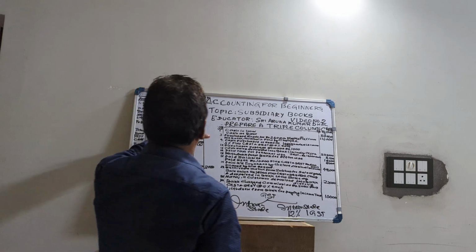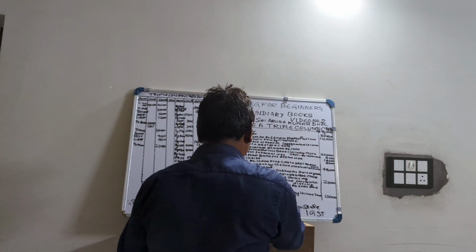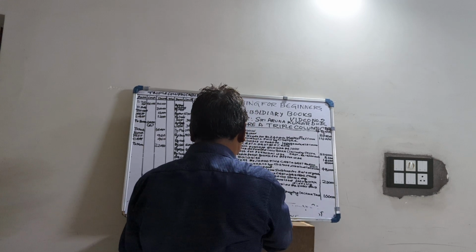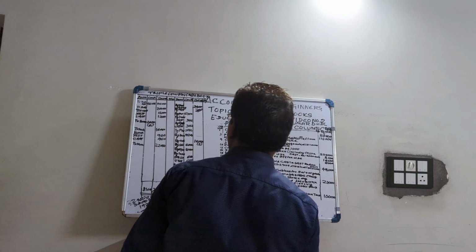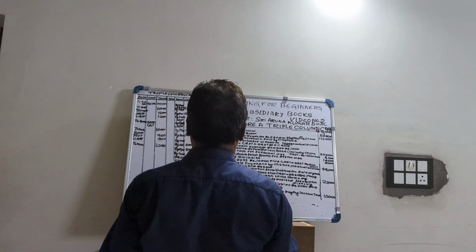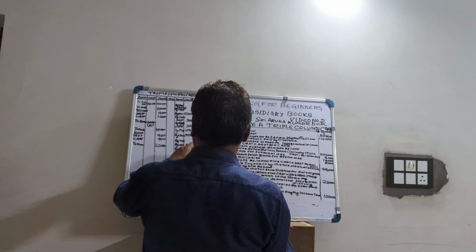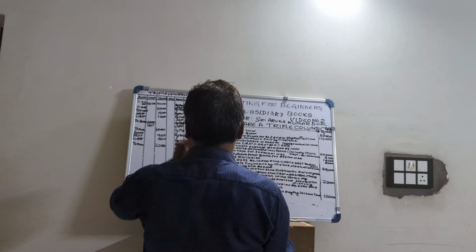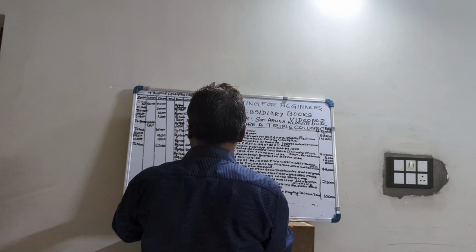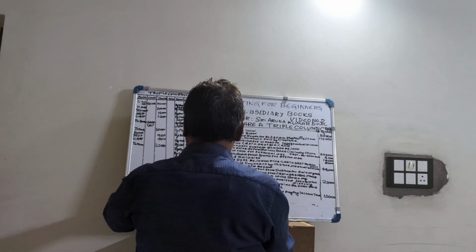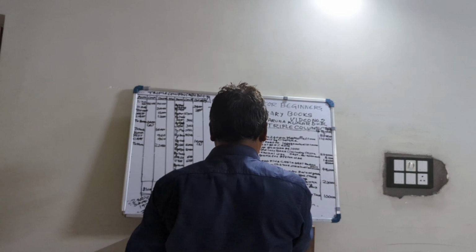Then we will total the credit side of the bank column. It is showing 24,000 plus 2,880, then 26,880. Here 16,000 plus 48,000, that is 64,000. 64,000 plus 12,240.